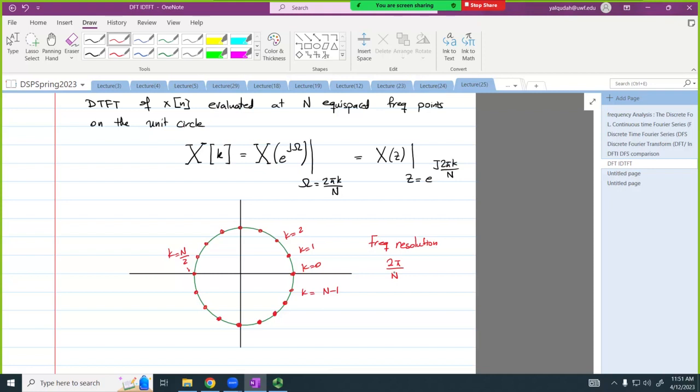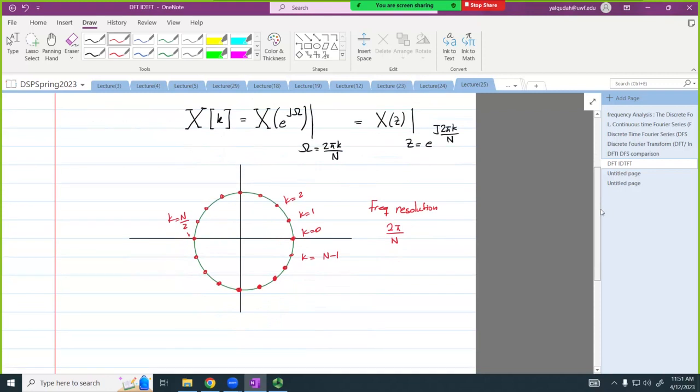When I'm doing it continuously, I'm going from 0 to 2 pi. Then I'm taking these samples. What is the distance between two of these samples? 2 pi divided by N. Make sense? And we'll see it more clearly in a second.